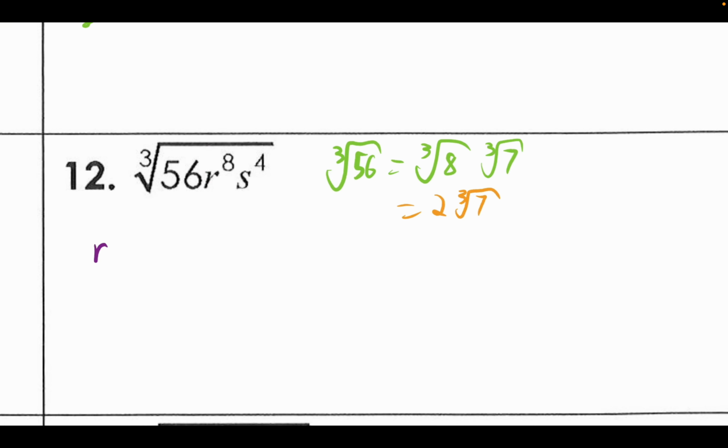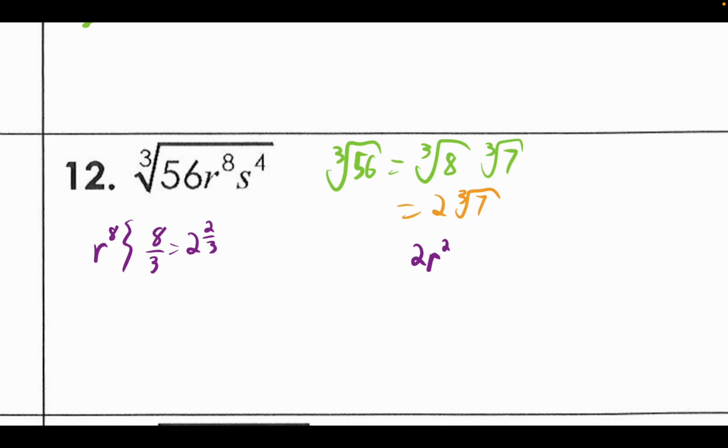r to the 8th is really 8 divided by 3, exponent divided by index. 3 goes in 8 twice, with 2 remaining. And so we end up getting 2r squared on the outside so far.